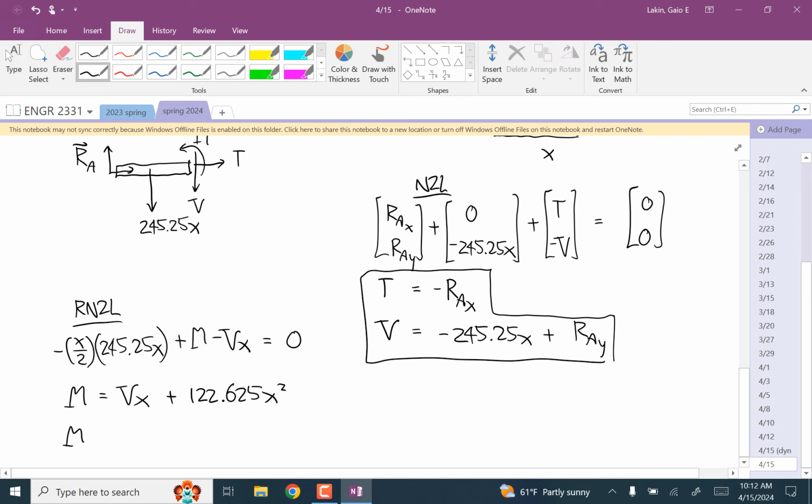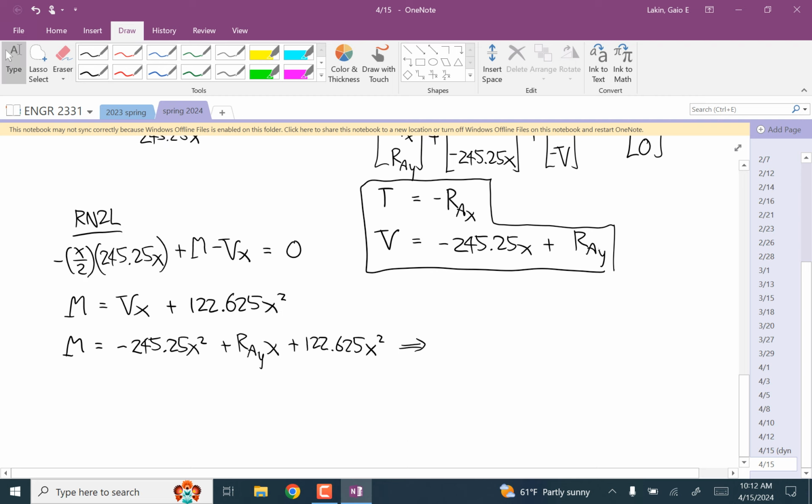And so m is equal to negative 245.25 x squared plus RAY times x plus 122.625 x squared. And so m is equal to negative 122.625 x squared plus RAY times x.